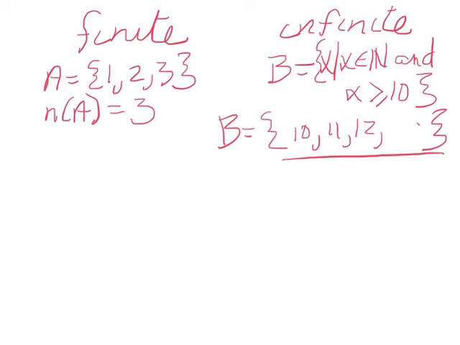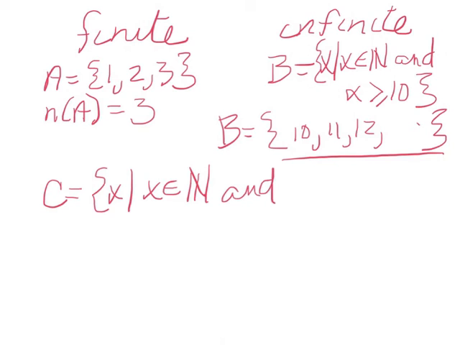And so they try and play that game with you. A little trick they might do is they'll give you a set C, and they'll say like the set of all x such that x is a natural number and x is less than or equal to 2 million. Oh, let's just go crazy. Let's go to 2 billion.